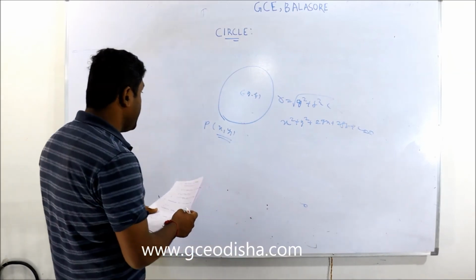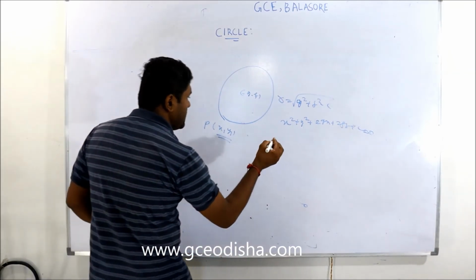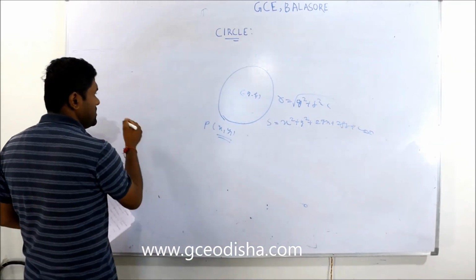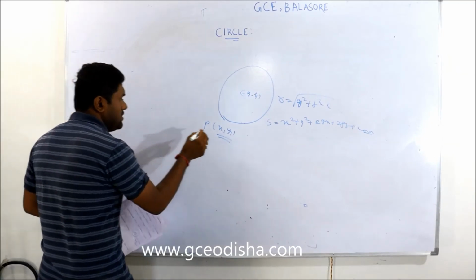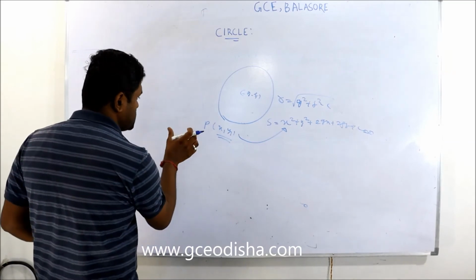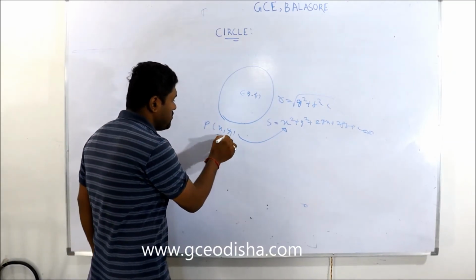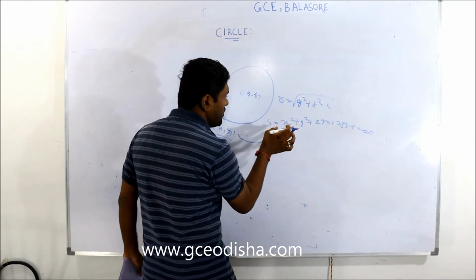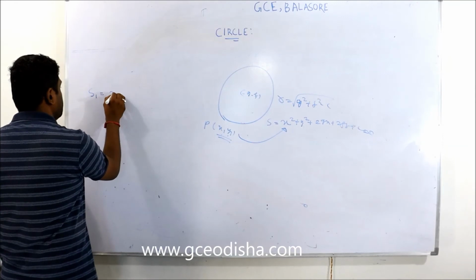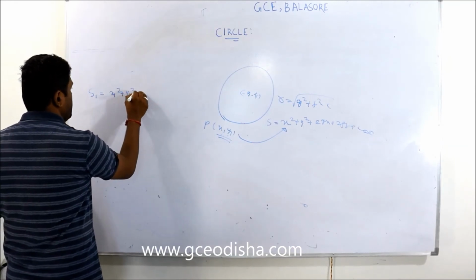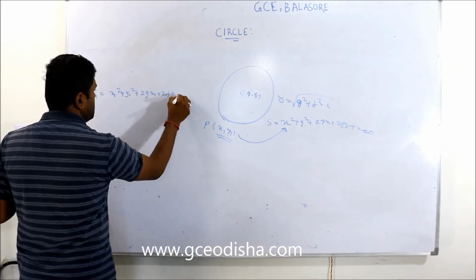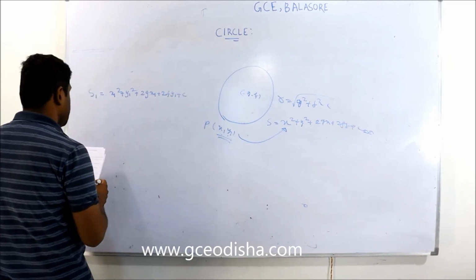How can you find that? Let this equation be S equal to 0. When you put the coordinates x1, y1 in the S equation, it converts to S1: x1 square plus y1 square plus 2gx1 plus 2fy1 plus c.